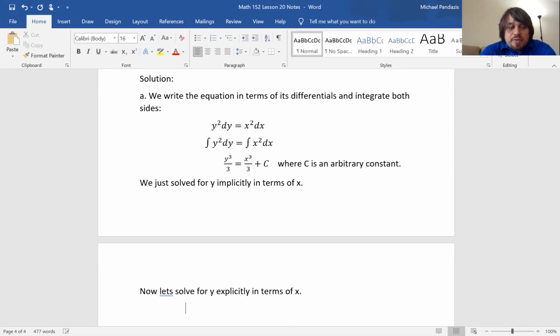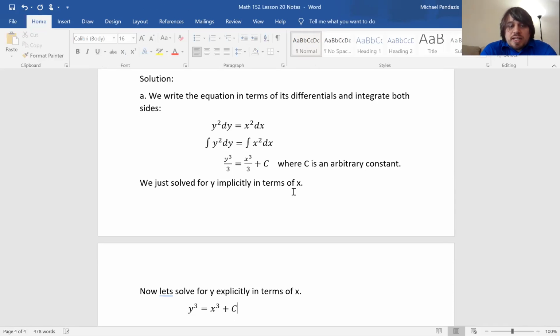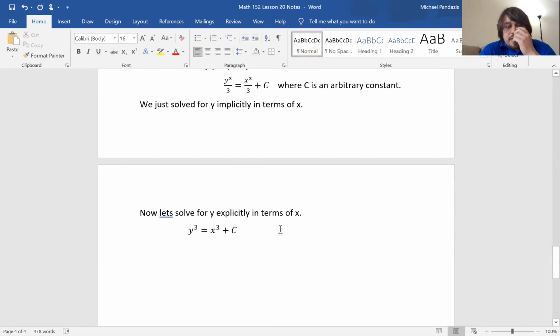If you solve for y explicitly in terms of x, you multiply both sides by 3, so you get y cubed equals x cubed plus 3C. But 3C is just multiplying a constant by 3, and you get another constant. Mathematicians call it abusing notation. I'm just going to keep calling this plus C, even though I keep multiplying it by things, because C was an arbitrary constant.